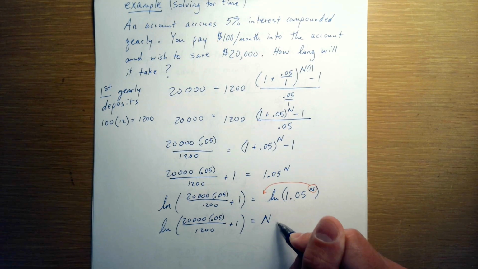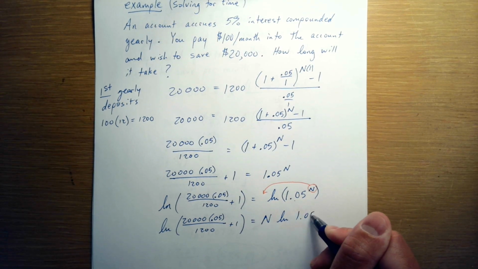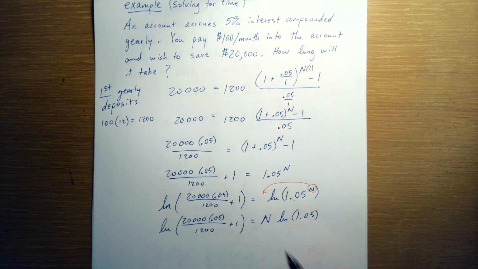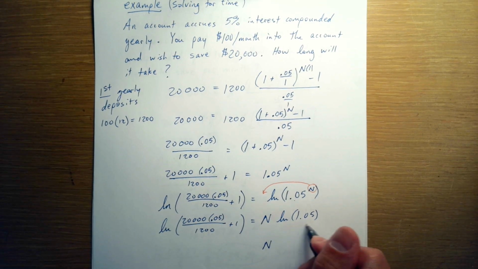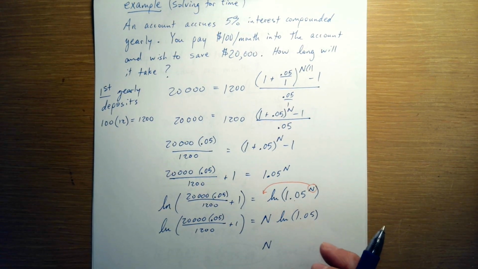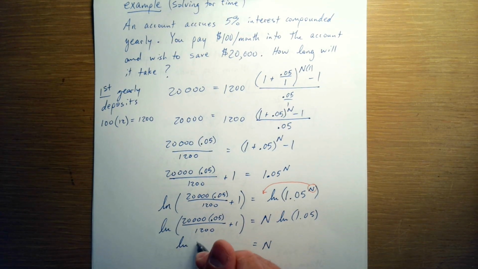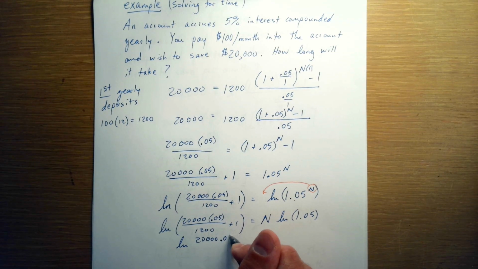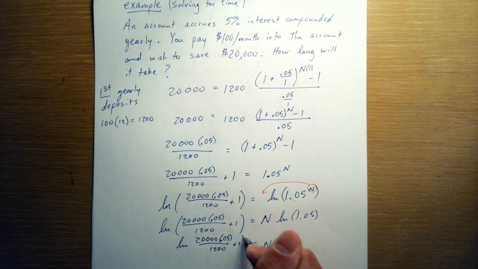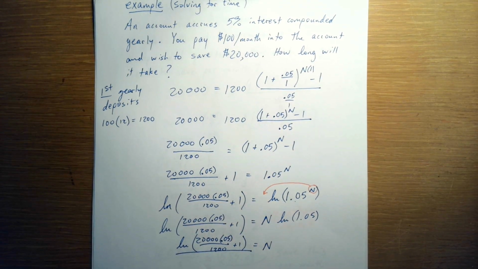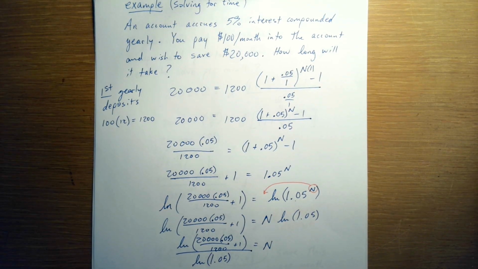So I have n times natural log of 1.05. And then the natural log of 1.05, that's just a number, so I can divide that to the other side, which means that I end up with this same nasty natural log divided by natural log of 1.05, and that's equal to n.